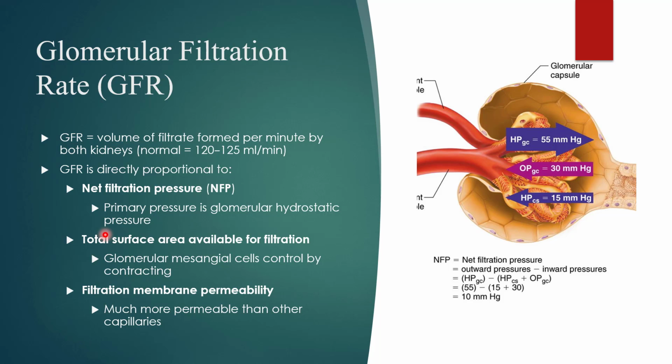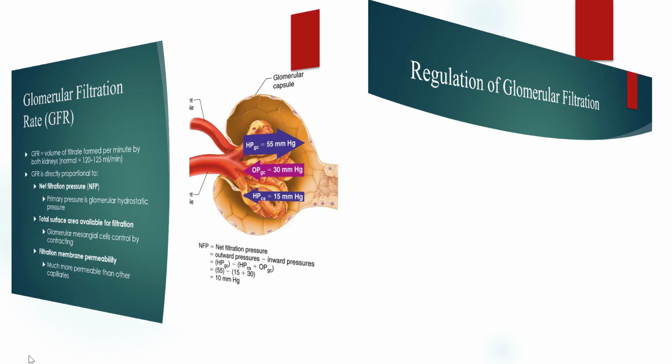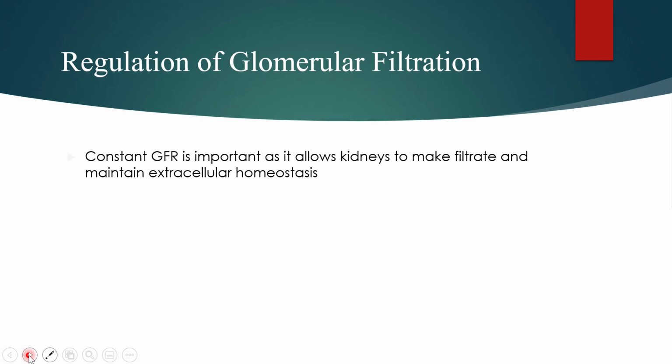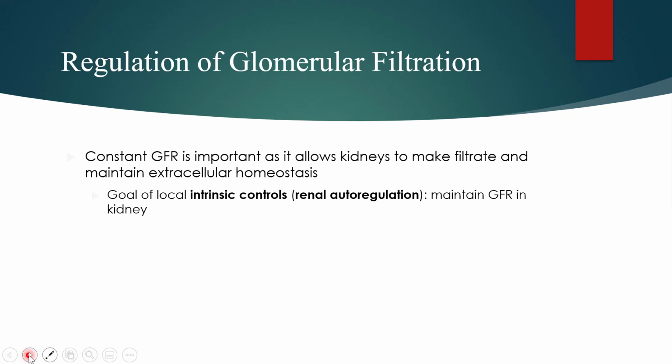The GFR is also directly proportional to the membrane permeability, and your glomerulus is actually much more permeable than the other capillaries of the body. Constant glomerular filtration rate is important because it allows the kidney to make filtrate and maintain extracellular homeostasis.